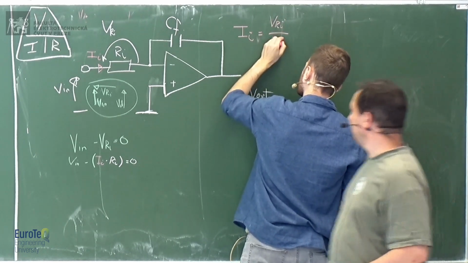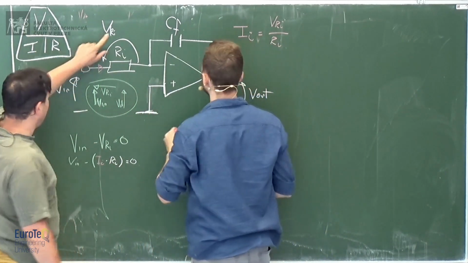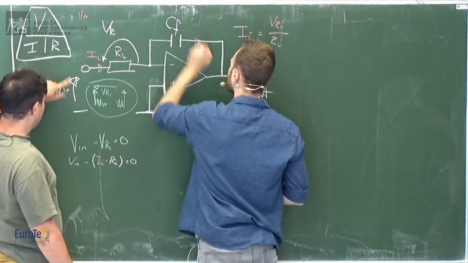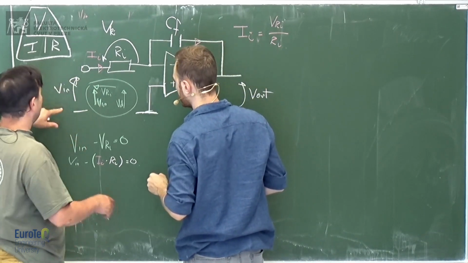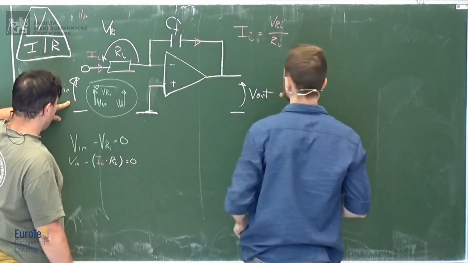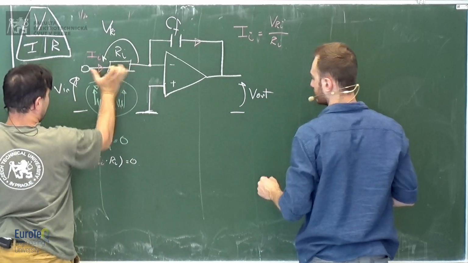So VRI divided by RI, fair enough. VRI is... No, wait. It's V input divided by RI. So, sorry, VRI is V input. So instead of VRI, you can write V input.